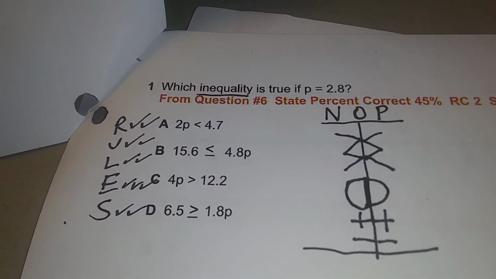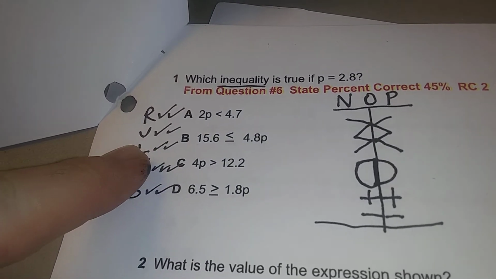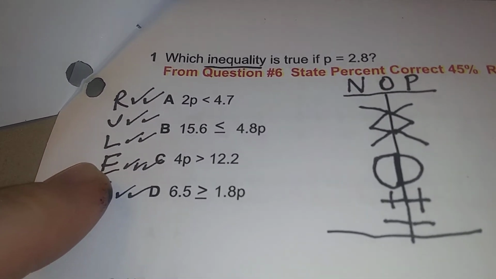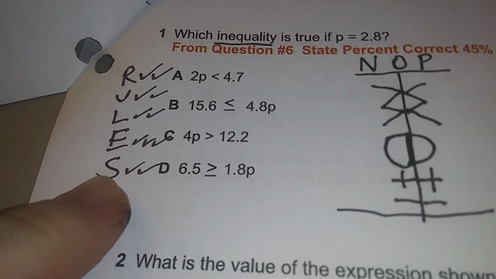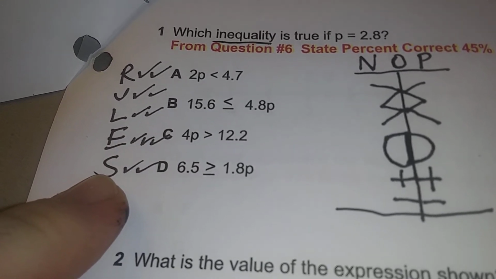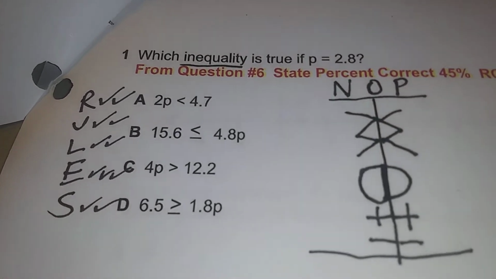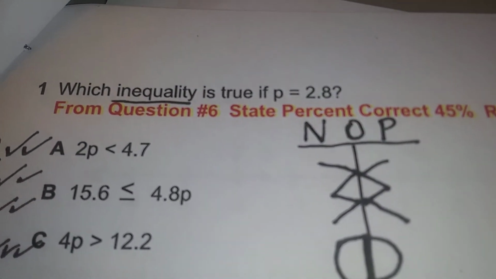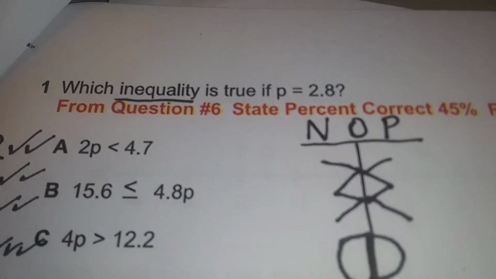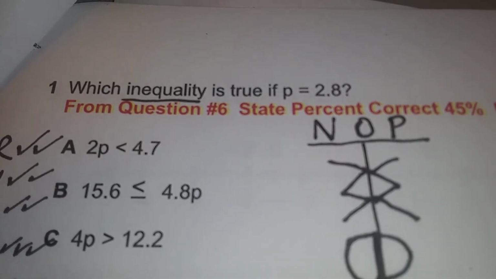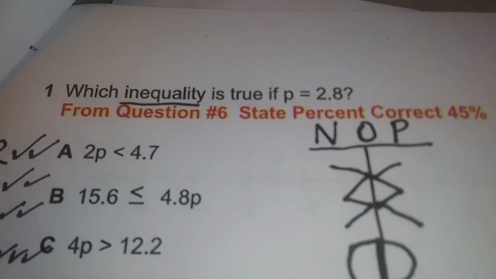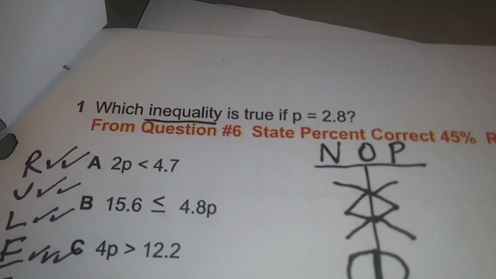All right. So the question, as we read, underline, label, eliminate, and explain, select the answer in the book and the Scantron, and you're done. It says, which inequality is true if P equals 2 and 8/10?